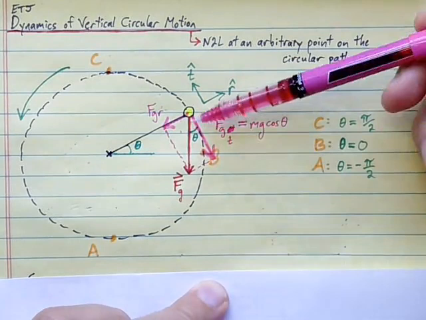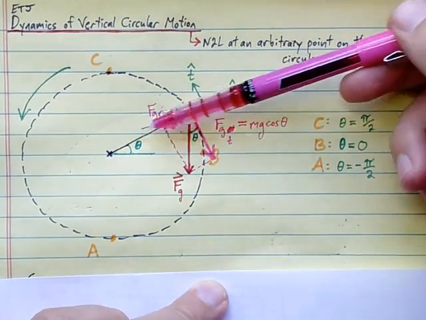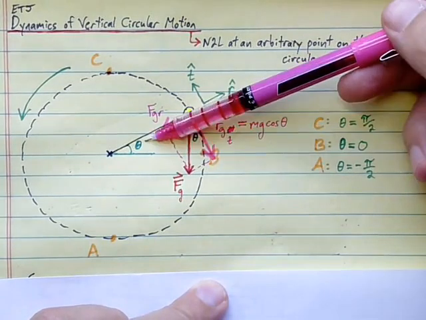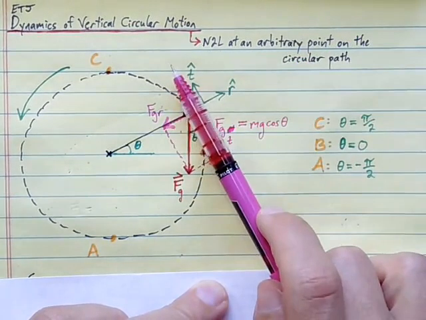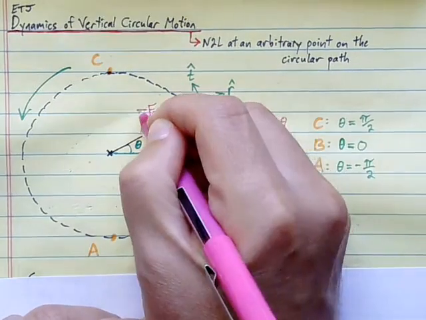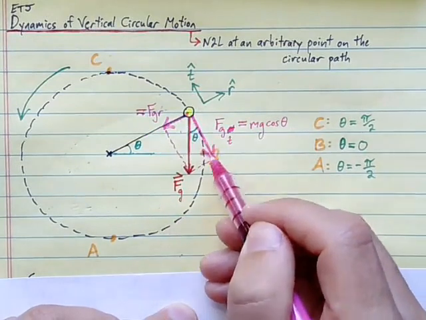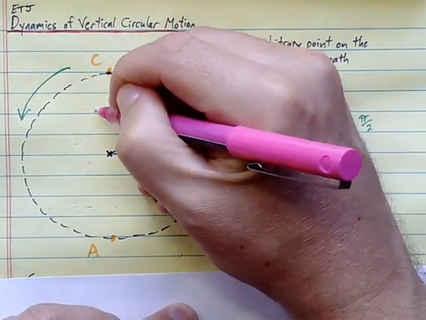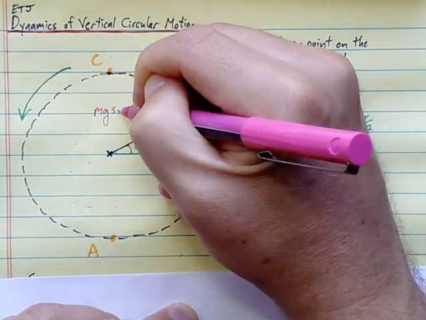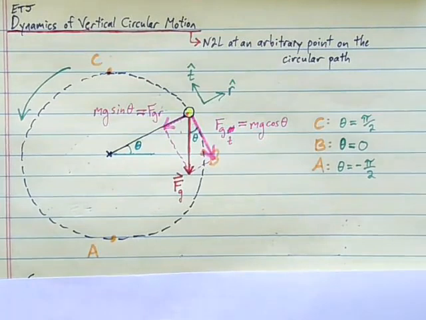Whereas FGR here, the component of gravity that's helping turn the ball, contributing to that centripetal acceleration, helping change the direction of the velocity, I know that that side FGR is the same length as this side right here, so it can be expressed as mg sine theta. So there we go.